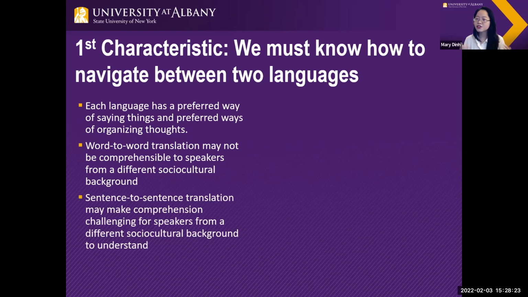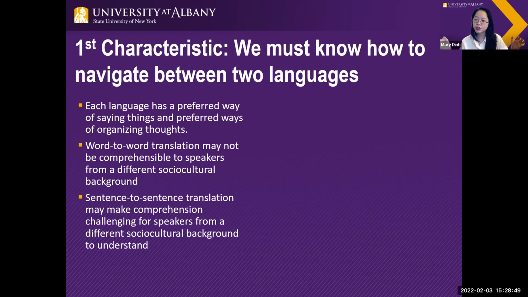Similarly, when we do sentence to sentence, if we do it in a Vietnamese way, it means we will add a lot of subordinate clauses. But in English, I figure out that they're very direct. So the sentence is kind of short, straightforward, and the emphasis of the sentence is usually the subject of the sentence.